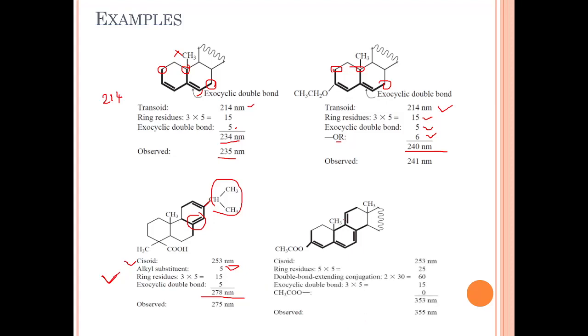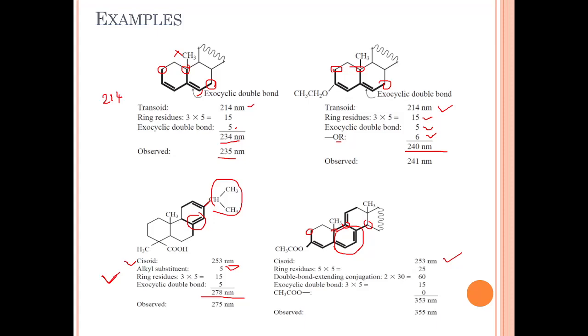Friends, you can see for this example, the conjugated diene is cisoid over here. This is cisoid and it accounts for 253. Now let's consider ring residues. 1, 2, 3, again 4, and this again 5.